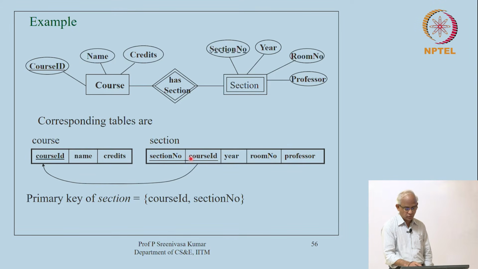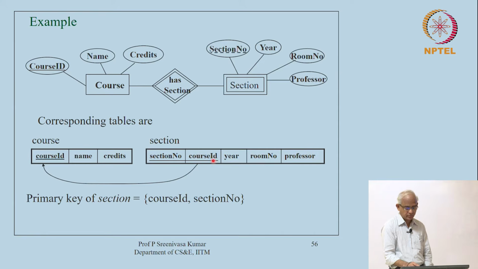So, section number, course ID now together will be the key. Course ID, because it is the primary key of the owner, and section number, because it is the partial key of the weak entity. So, these two things together will be the key.